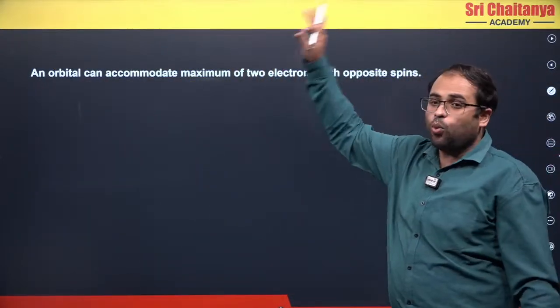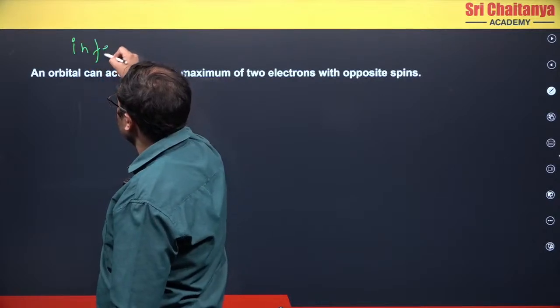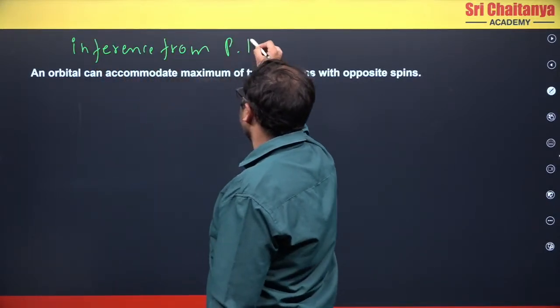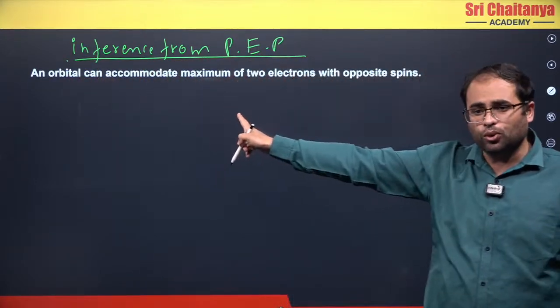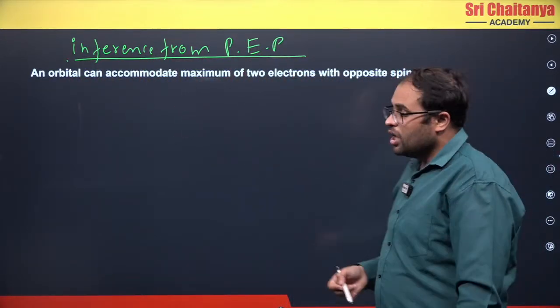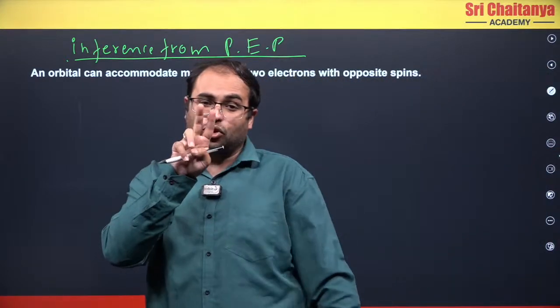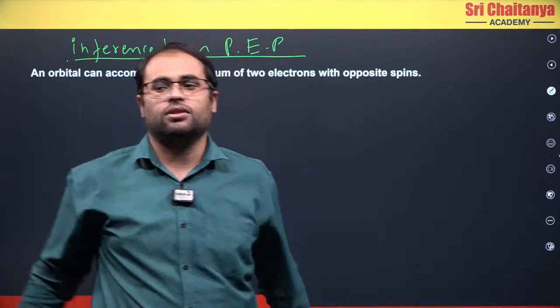And this inference is given in the next. So this is the working principle. The inference from Pauli's exclusion principle, PEP, is what is used in filling the configuration. So simply what I'm trying to say is you can only fill 2 electrons in an orbital, and that too with opposite spins.